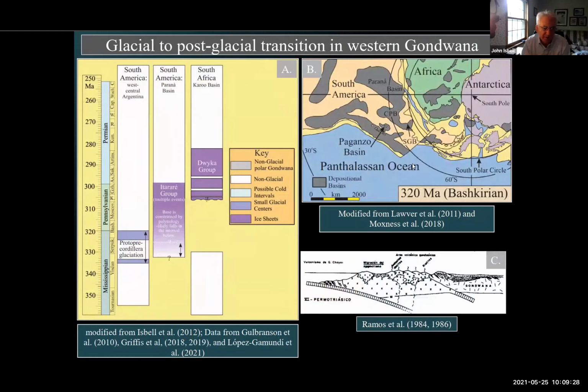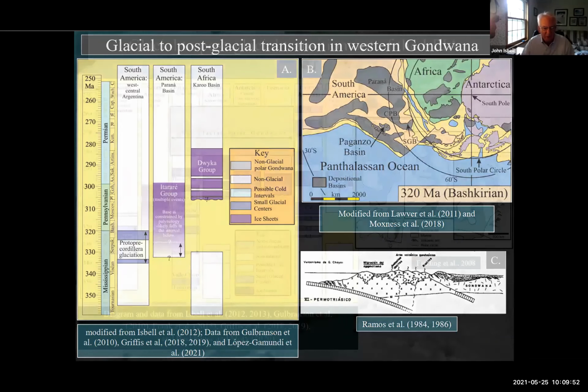We move eastward to the Paraná Basin. Work by Neil Griffiths in the southern Paraná Basin suggests ice disappeared there near the Pennsylvanian Permian boundary. And then additional work by Neil in South Africa indicates that glaciation continued into the Artinskian and ended near the Artinskian Kungurian boundary. So there's a stepwise deglaciation going on.